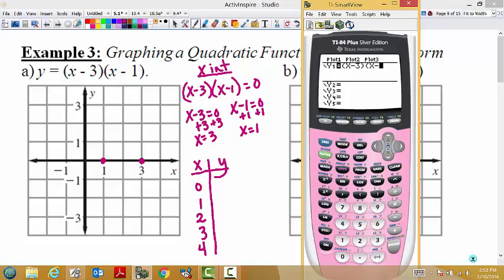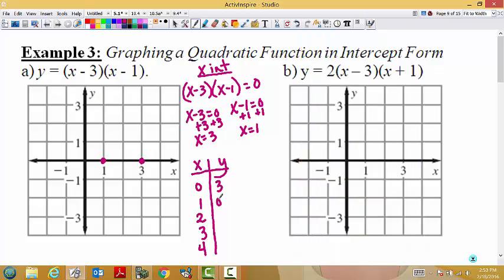X minus 1. You're going to hit second table, and it's going to give you those numbers. 3, 0, negative 1, 0, 3. So 2, negative 1 is here. 4, 3, and then 0, 3. And there is my graph in intercept form.